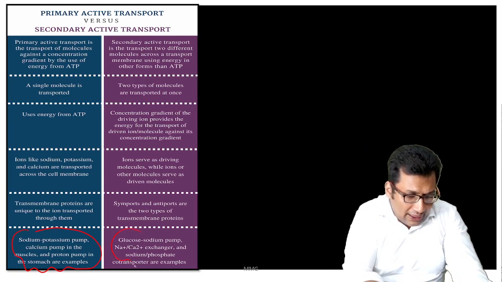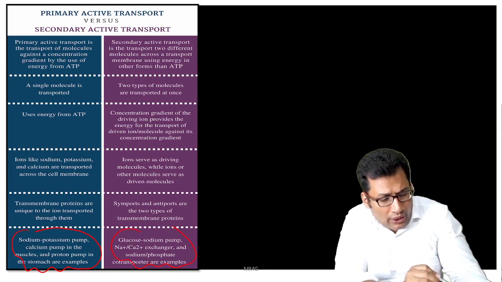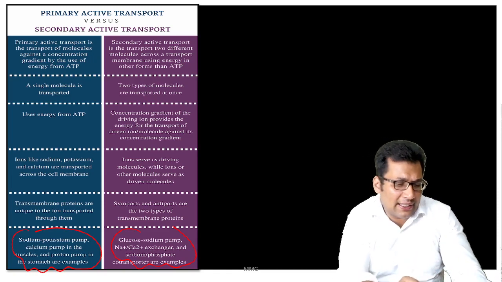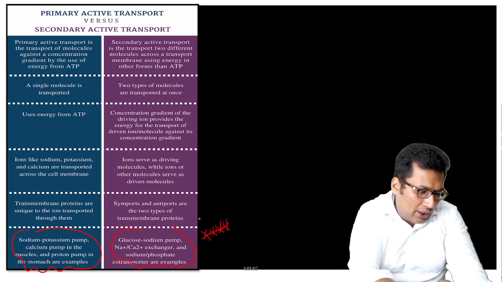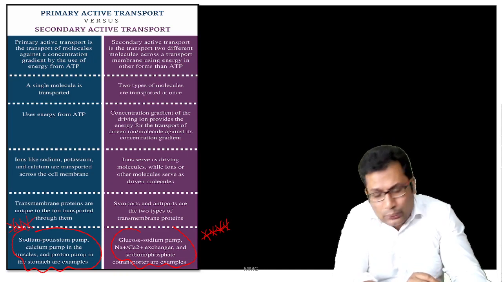Secondary examples: glucose sodium symporter, sodium calcium exchanger, and sodium phosphate co-transporter. This is a very important example you need to remember. Sometimes they will ask what is secondary active transport with example. You need to write the examples also.